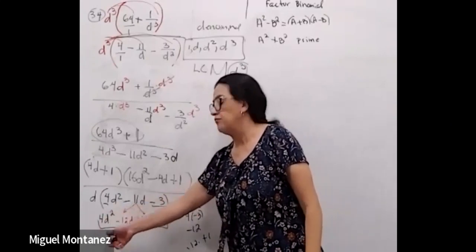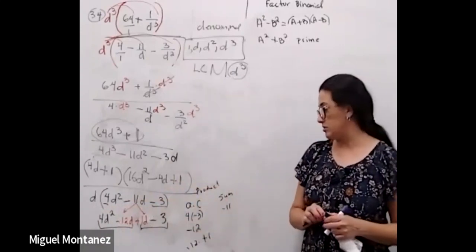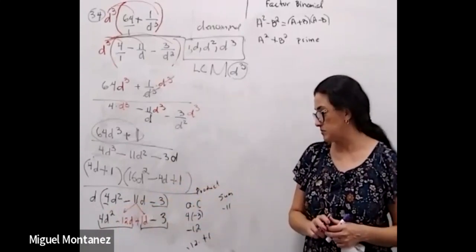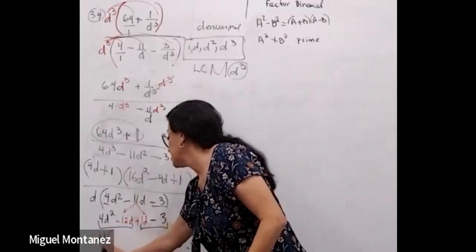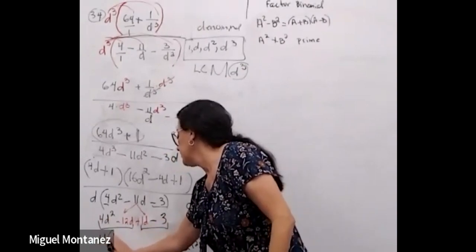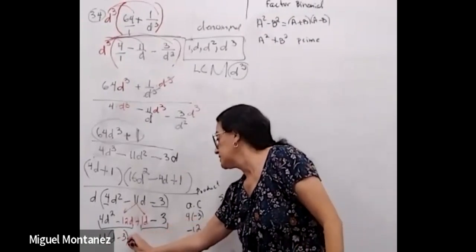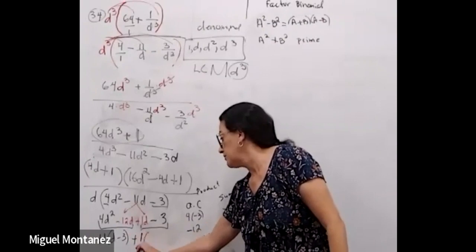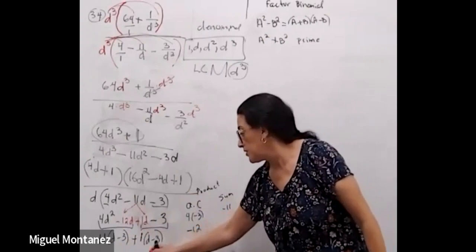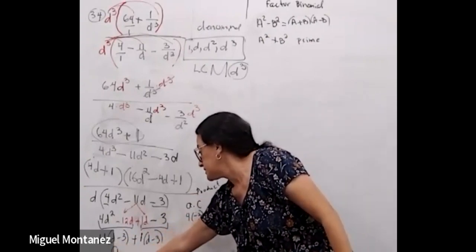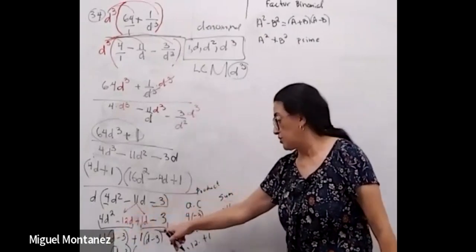From the first two, 4D squared minus 12D, what is the common factor? 4D. 4D, open parentheses, and we are left with D minus 3. From the other two, the common factor is positive 1. They have nothing in common, so we put D minus 3. Factor again, so one parenthesis will have the D minus 3. The other parenthesis will be the 4D plus 1.